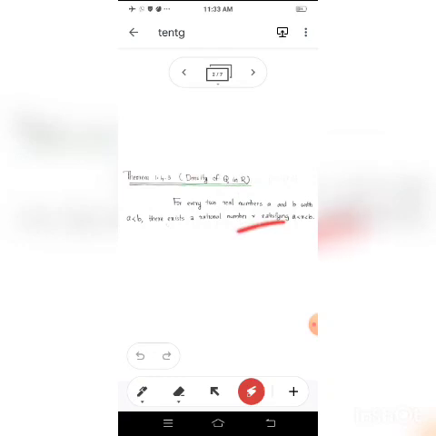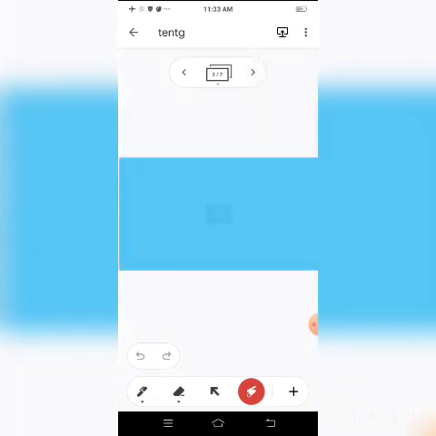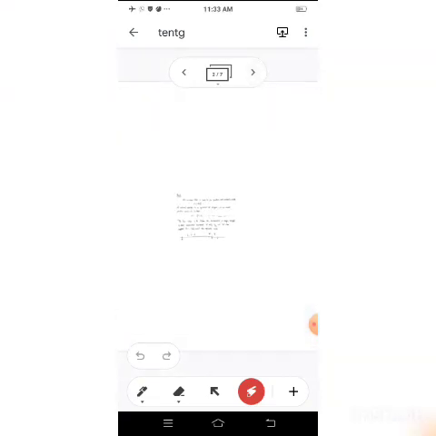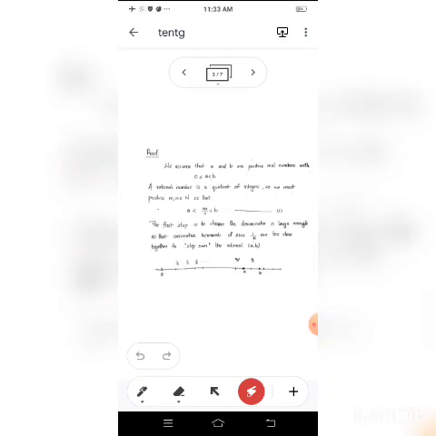Proof is as follows. We assume that a and b are positive real numbers with 0 less than or equal to a less than b. So our aim is to find a rational number. Rational numbers are numbers which can be represented in the form p by q, where q is not equal to 0.